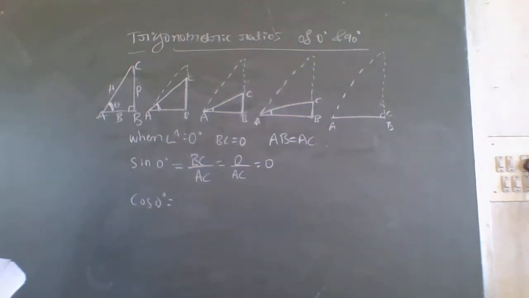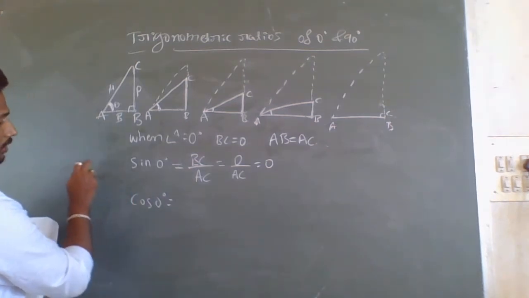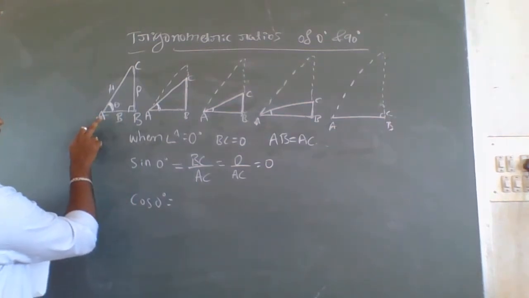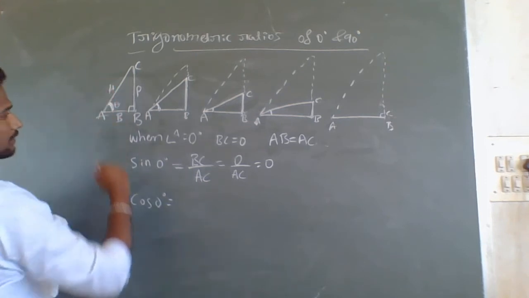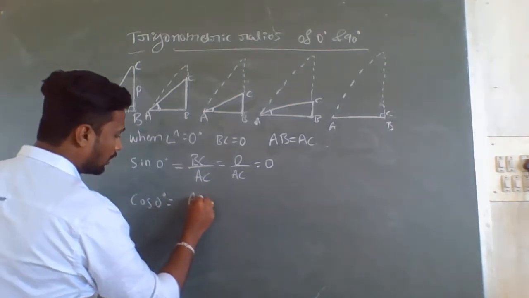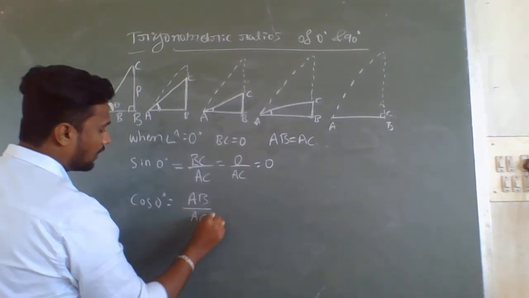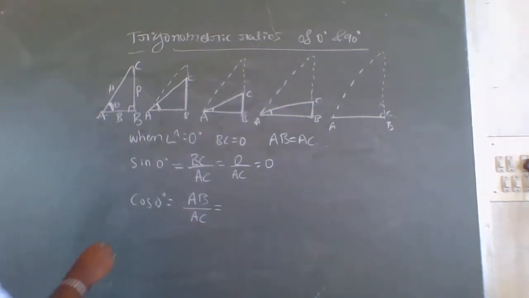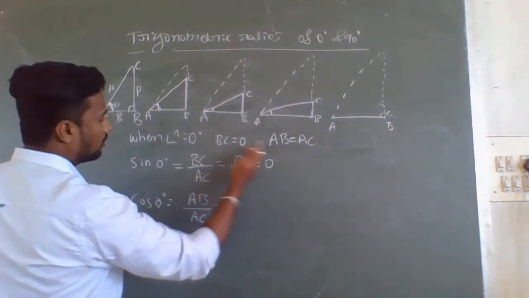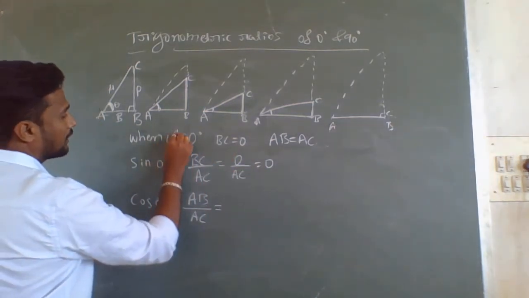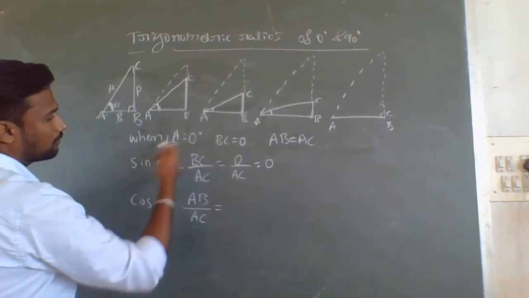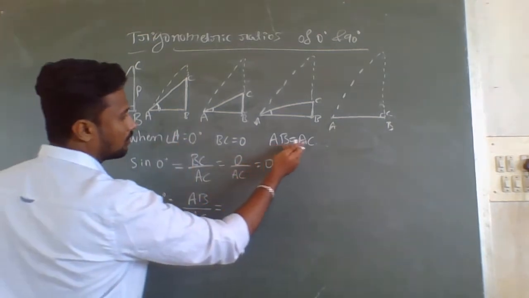Now you know that what is cos theta, or cos 0 degree here? Base by hypotenuse, means AB by AC. And you know that for theta equals 0 degree, when angle A gets to 0 degree, when theta becomes 0, this AB equals AC.